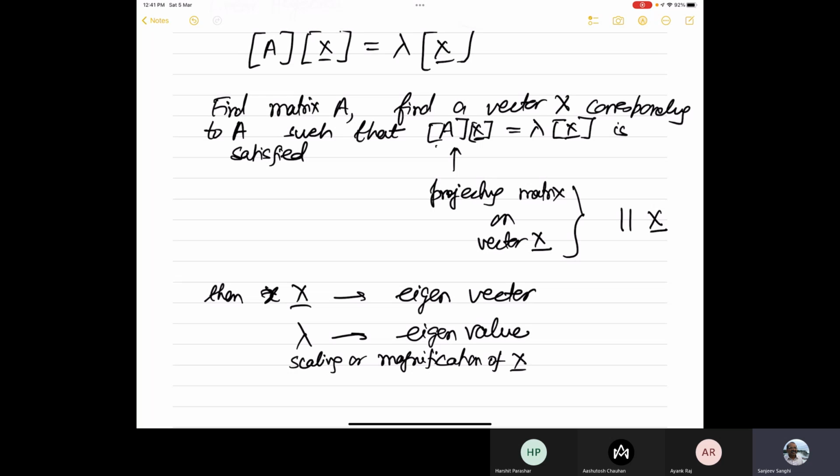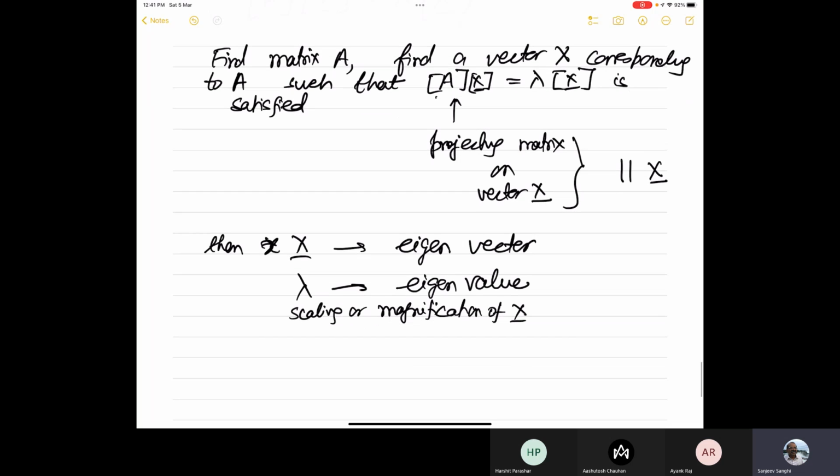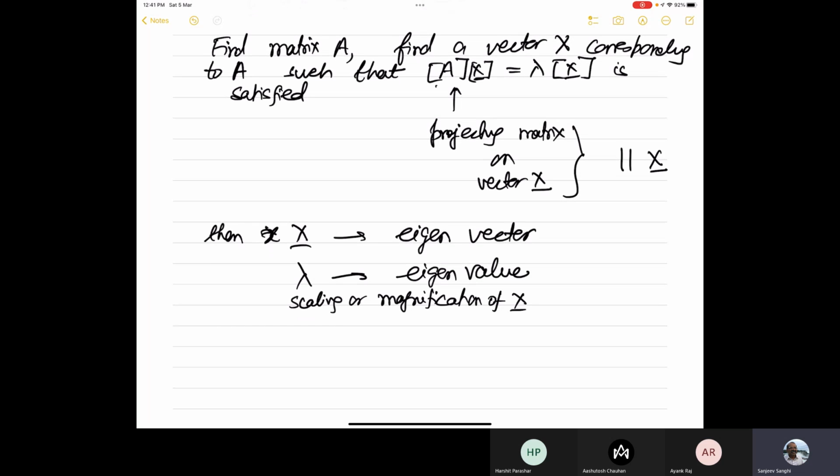So basically the eigenvector is such a vector that if you project the matrix on this vector, the eventual vector which you will get will be parallel to this vector itself, but it may be scaled more or less than 1, and that scaling value is given by the eigenvalue. Mathematically, when you are given a matrix and asked to find eigenvalues and eigenvectors, what do you do?